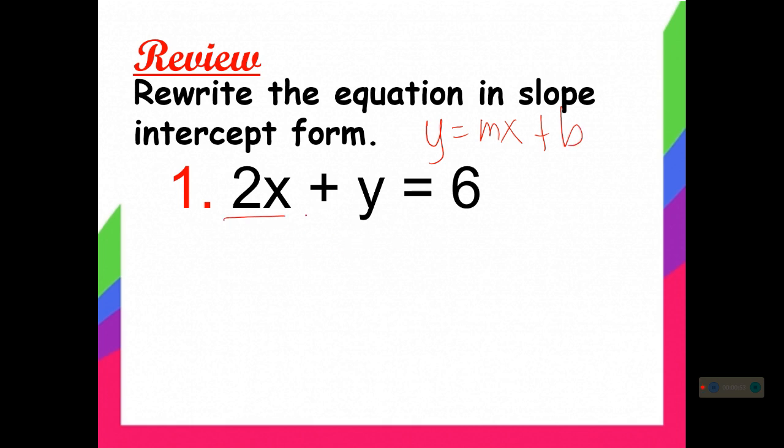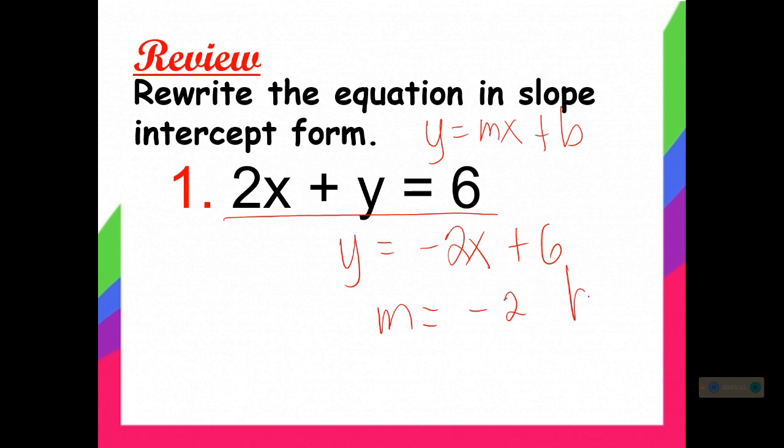So how are we going to rewrite 2x plus y equals 6? Okay, so we have here y equals negative 2x plus 6, where m is negative 2 and our b is positive 6.